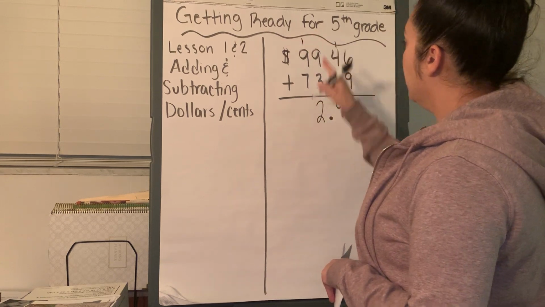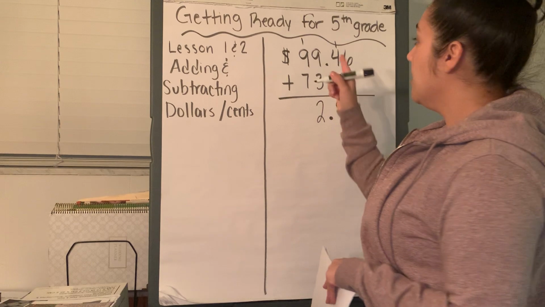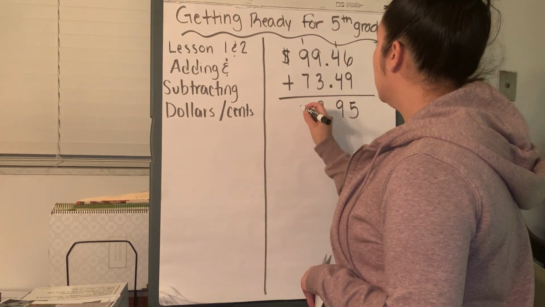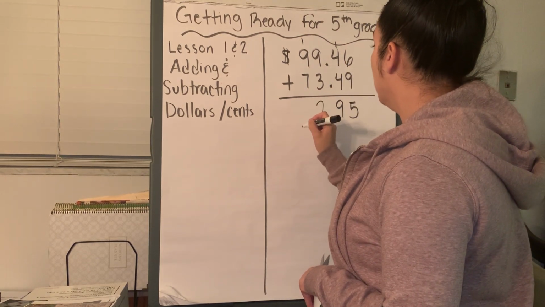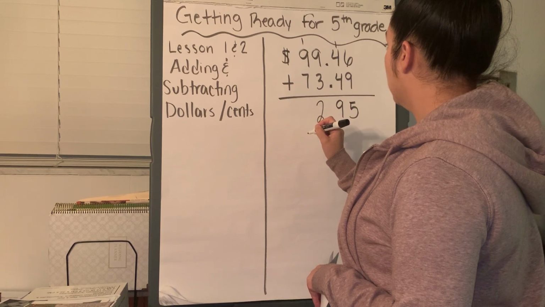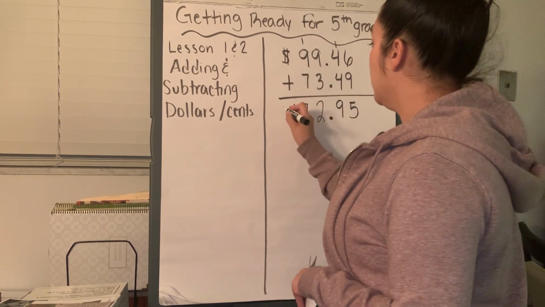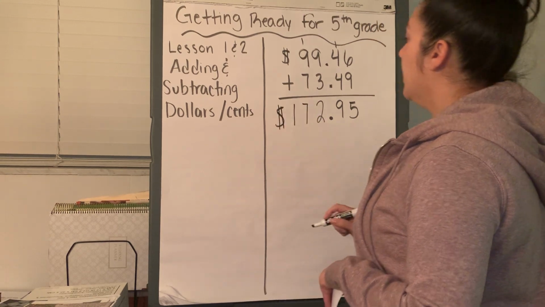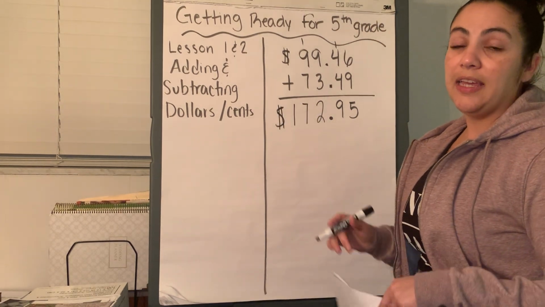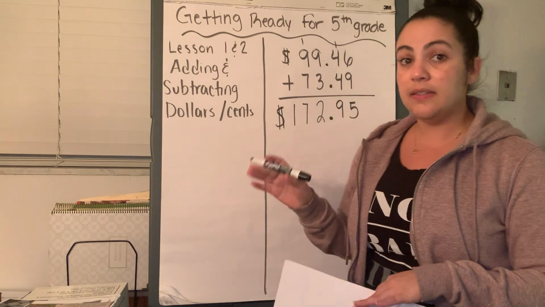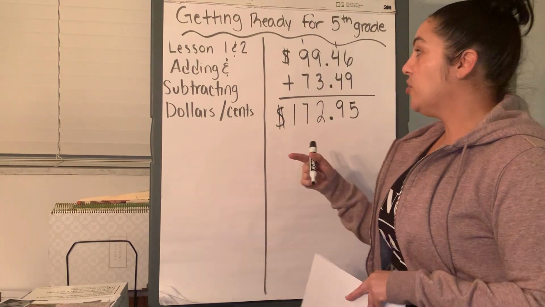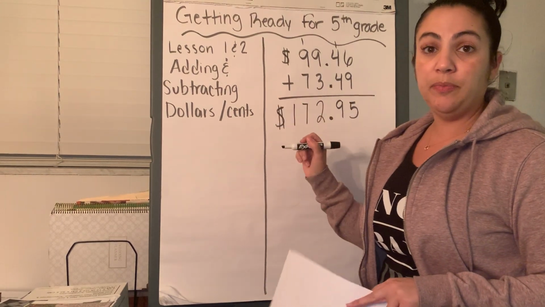Carry my 1. 1 plus 9 is 10, plus 7, 17. So bring down your dollar sign and you are finished.